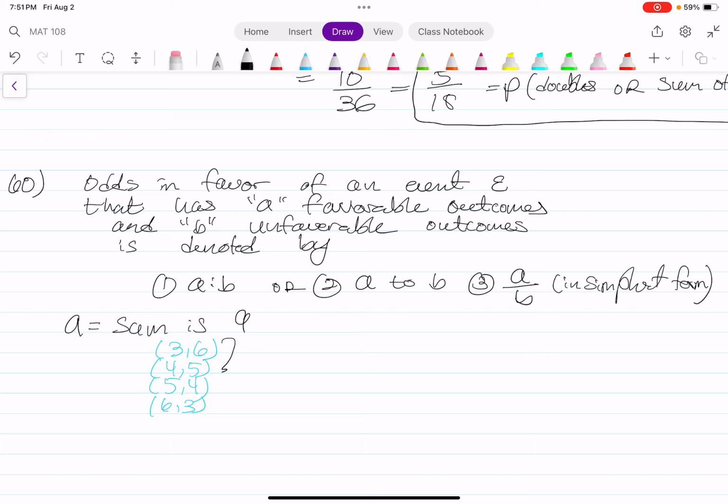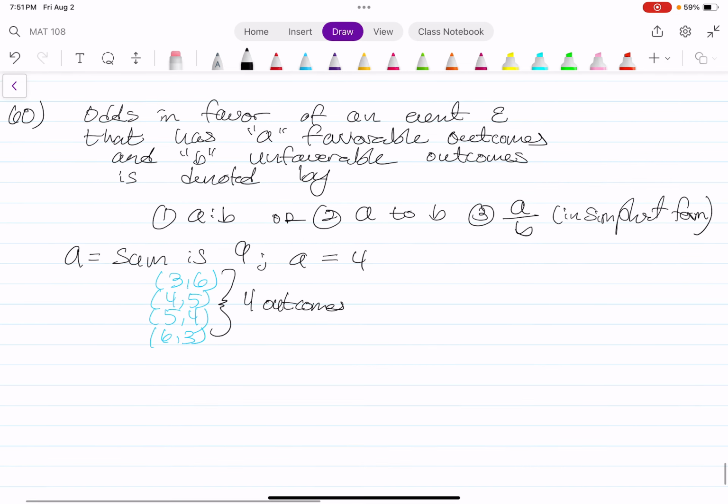That is a total of 4 outcomes. So we have A equals 4. Now B represents the sum is not 9.